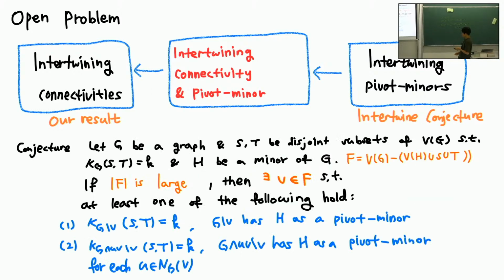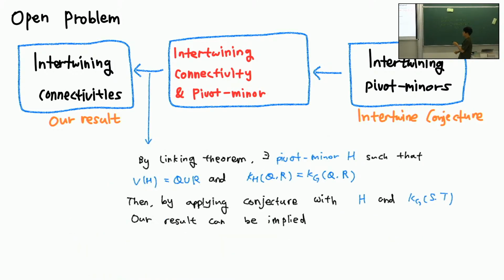Suppose we know that this conjecture holds, then we can reduce the graphs while keeping the pivot-minor and connectivity. Then what I want to do is keep preserving the connectivity between Q and R and S and T.